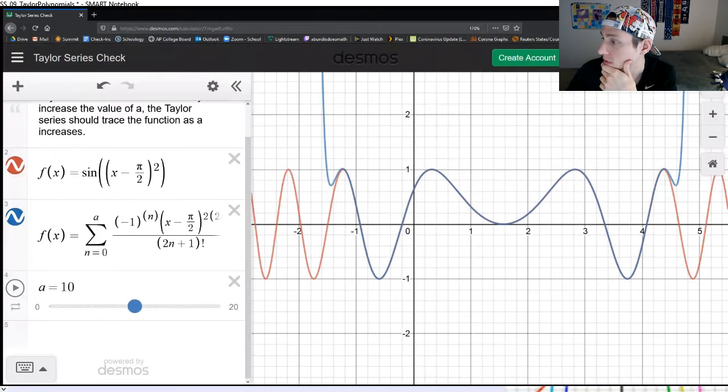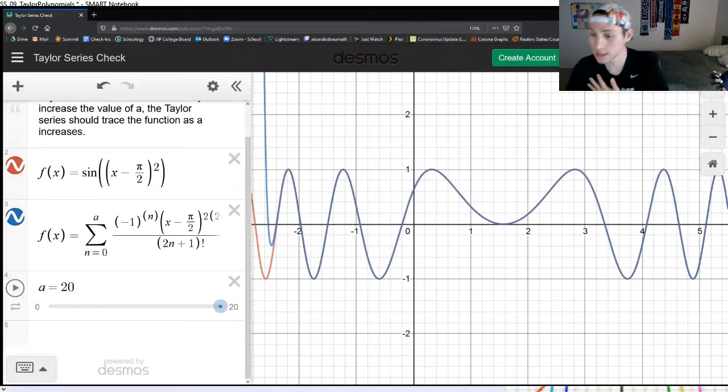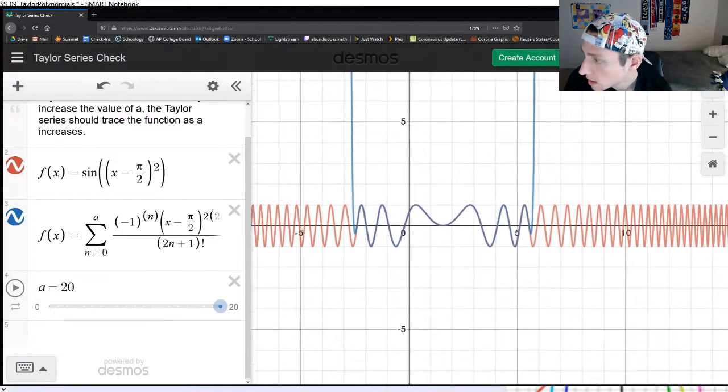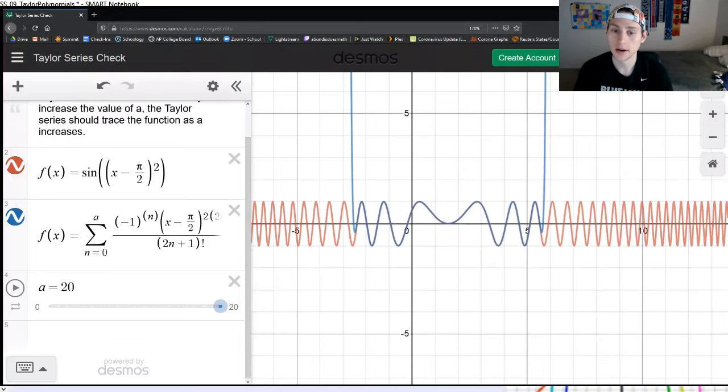Or 7th, 8th, 9th, up to 17th, etc. And it will just continue like that forever: each term that I add will make my approximation better for longer, for a wider domain, I guess.